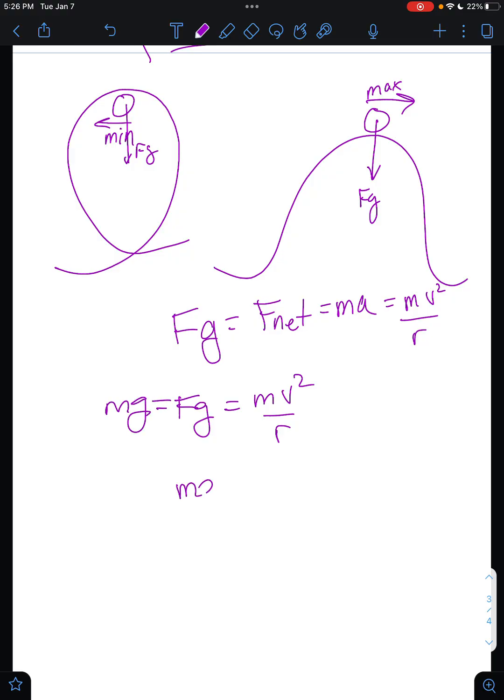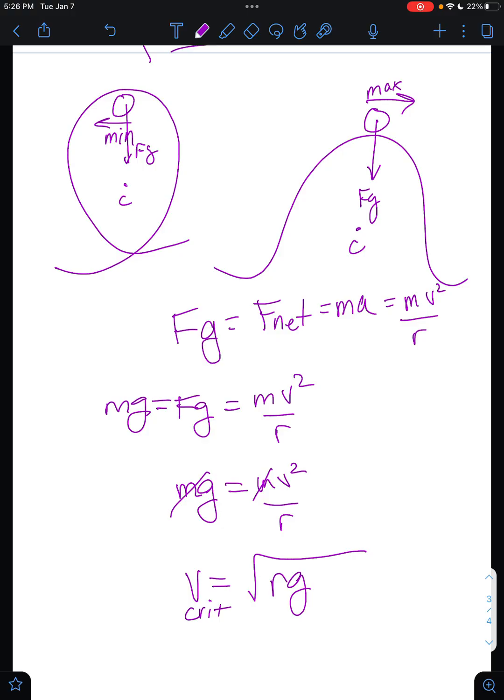So I could set mg equal to mv squared over r. And when I use this equation, v equals the square root of rg, this is only good if gravity is the force pointing at the center of the circle, and it's the only one, right? It has to be that your normal force is equal to 0, there's no other forces, and then we can use this equation for a critical speed.